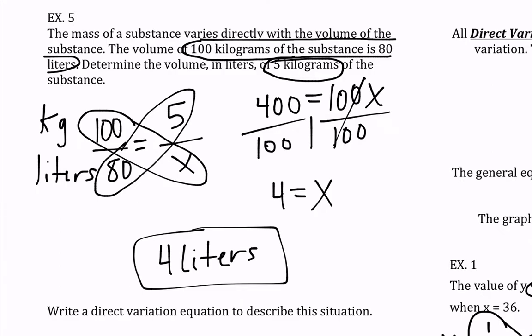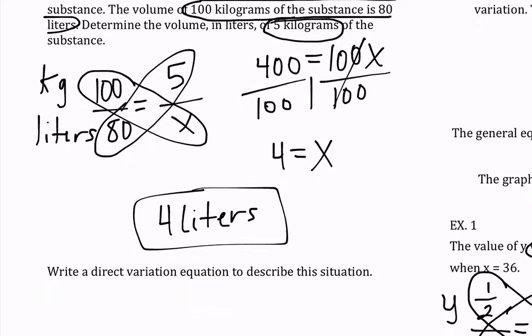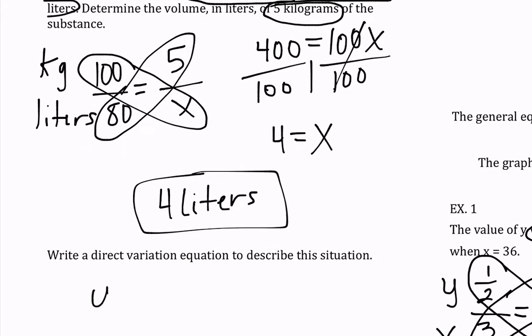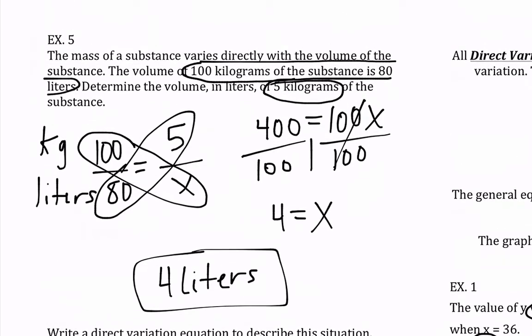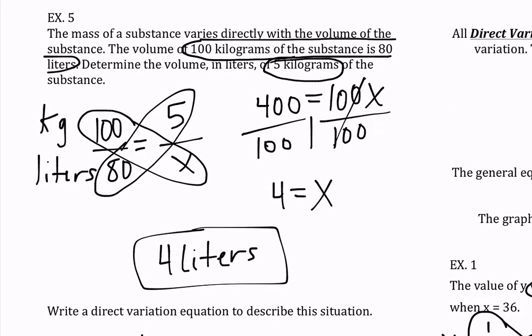Oh, okay, so we need to write our direct variation equation. This is what I was talking about earlier about y varies with x. We need to figure out which one is x and which one is y. Okay, so y varies with x. Let's write that again, because I kind of forgot on the other ones.